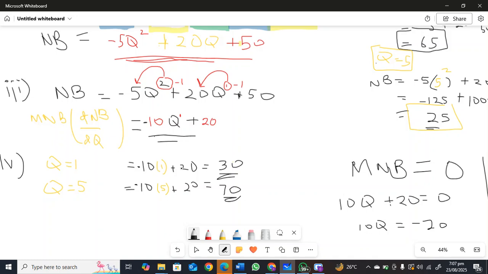So negative 10 plus 20, that is positive 10. And then here, negative 50 plus 20, that's negative 30.